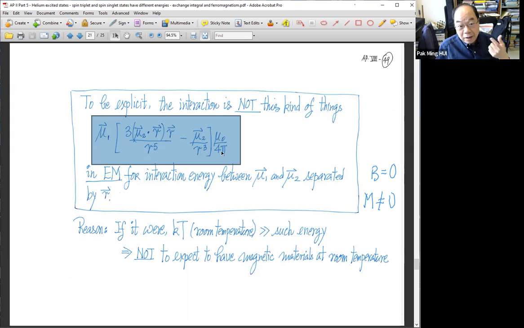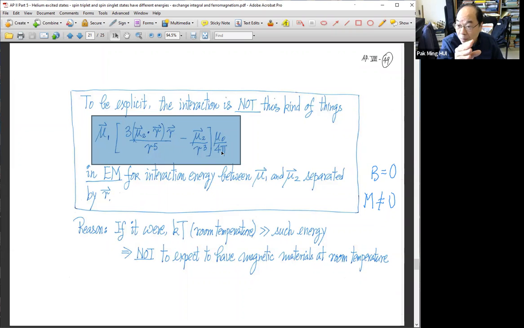So the story I was trying to tell you is the following. You take some classical expression, interaction between two magnetic dipole moments, perhaps due to spin, for example. You plug some numbers into it. For example, the spacing between them may be one atom separation, and you will find this energy is too small.